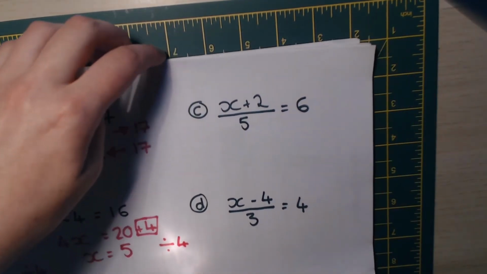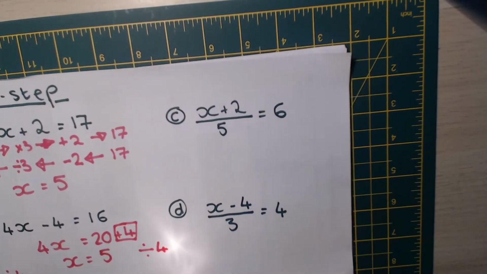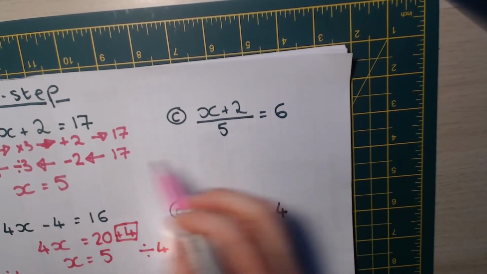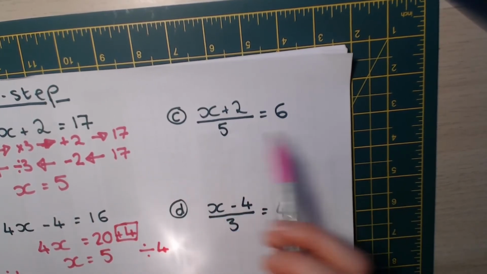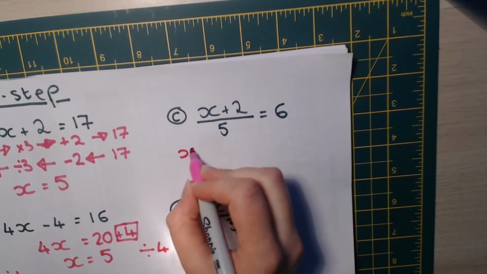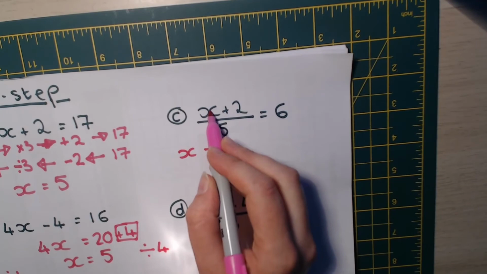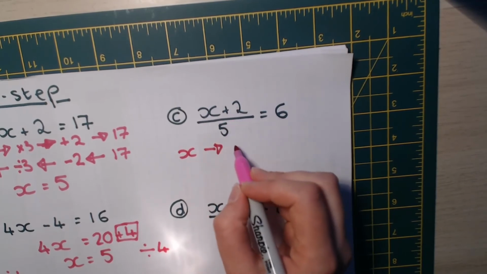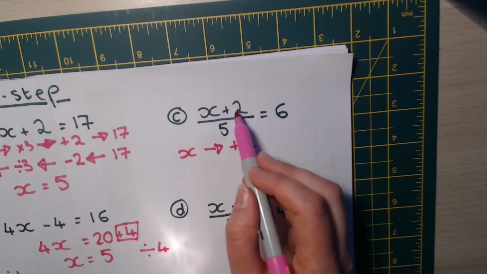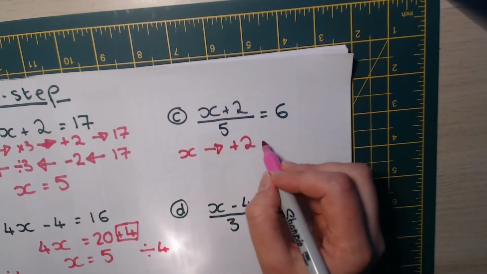Okay then, so these ones again, don't panic just because they look a bit scary. Let's try doing the function machine first. So the first thing that happens to x, it goes in, and here we're adding 2 first, and then all of that, whatever that is, we divide by 5.